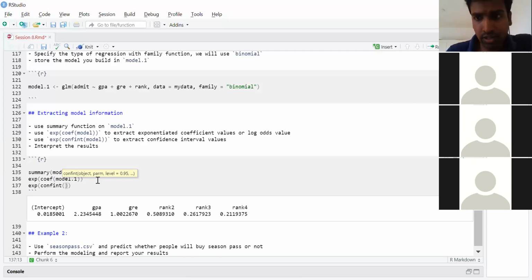Right? And also, you need to remember that we don't have information for rank 1, and the reason is that rank 1 is compared with rank 2, 3, and 4. So the benchmark for the model is rank 1.